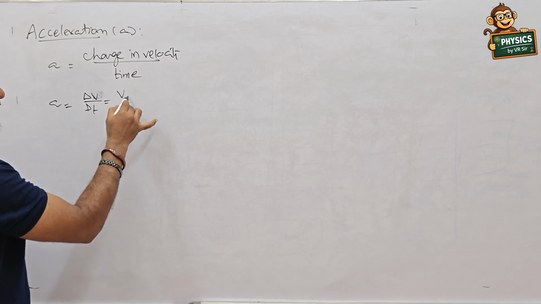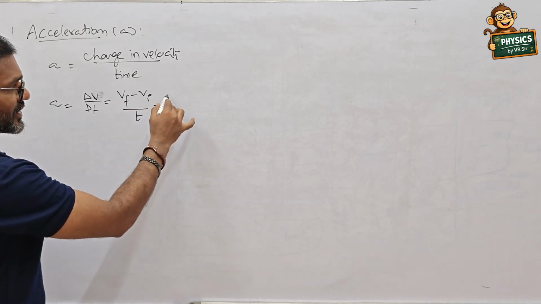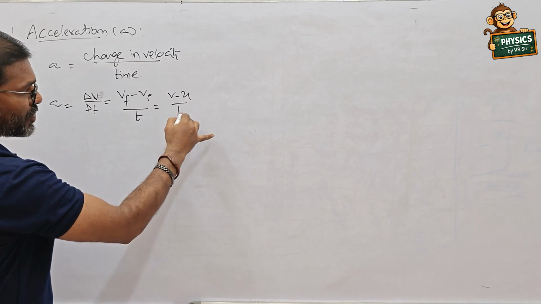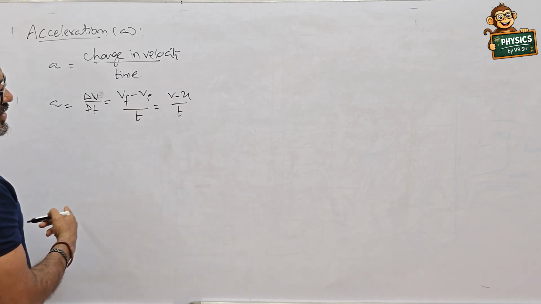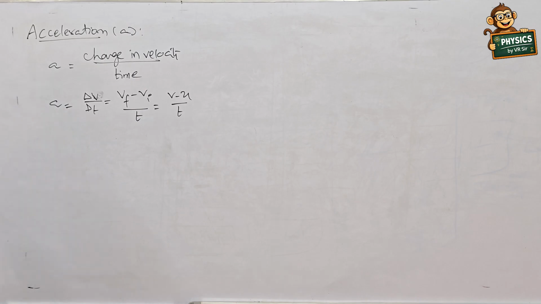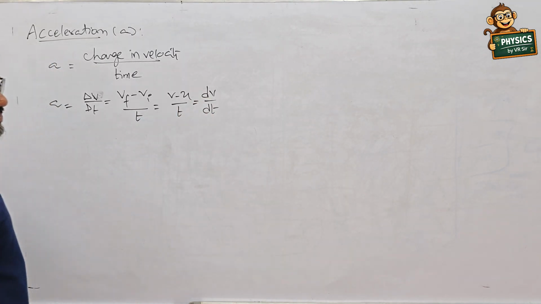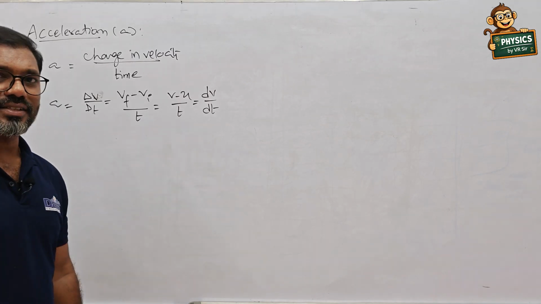This can be written as final velocity minus initial velocity upon time, that is, v minus u upon t, where v is the final velocity and u is the initial velocity. Later on, we see that it is a function of time. This is also given as dv by dt, that is, the acceleration at a particular instant of time.